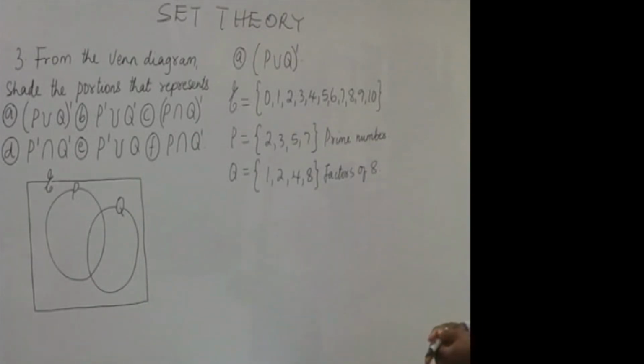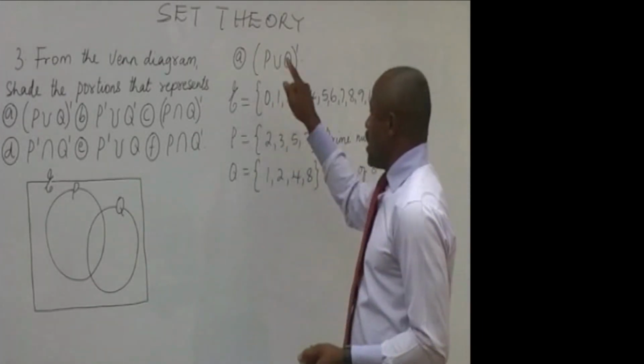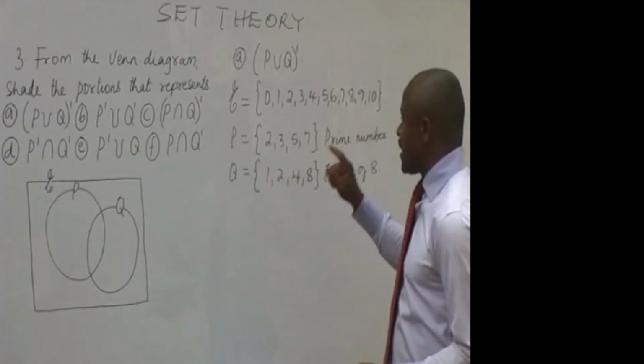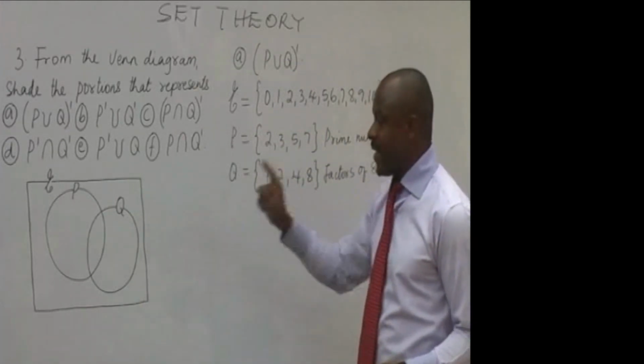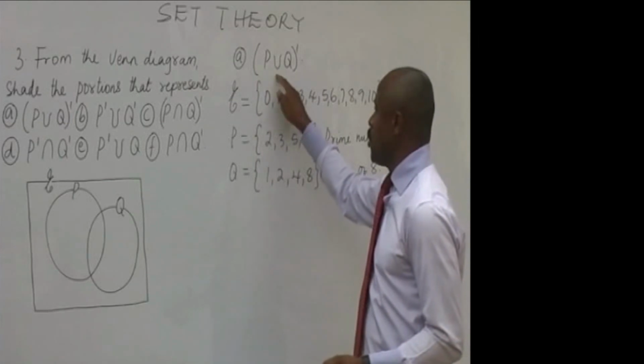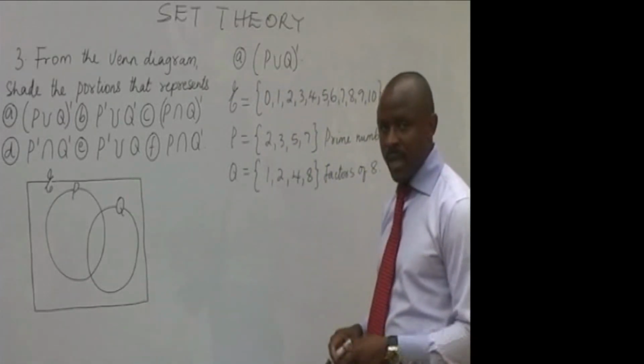Okay, now the set we want to shade is P union Q prime.